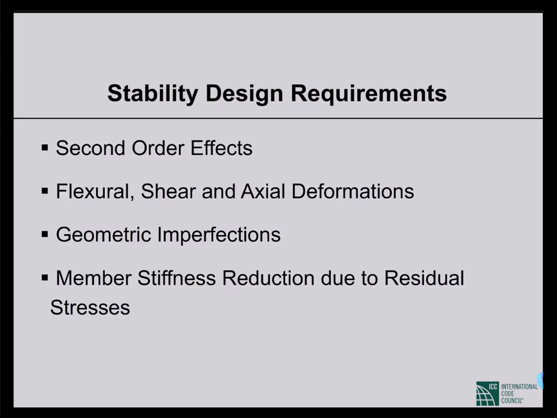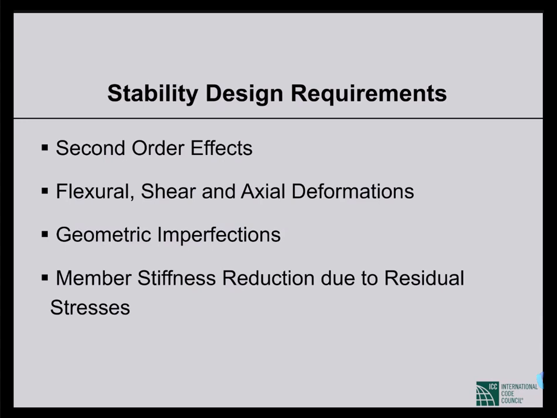So stability design is very important, particularly for lateral load. Gravity loads will impose compression on columns, but at the same time, when there is lateral load, that causes some problem. We'll see that. So, stability design requirements.